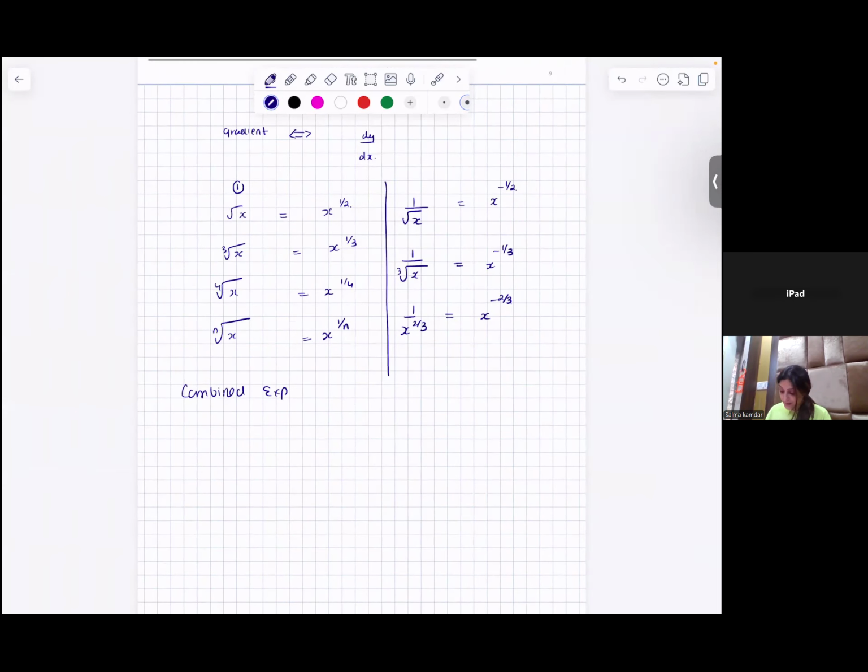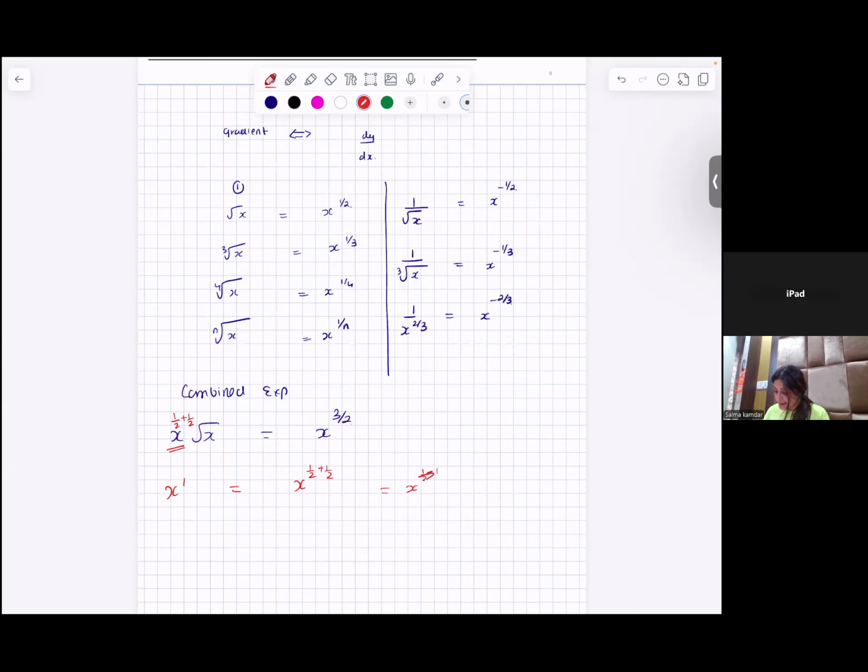Some combined expressions which you should know. x root x is x raised to 3 by 2. How do I know this? x is x raised to half plus half, so it gives me x raised to 1.